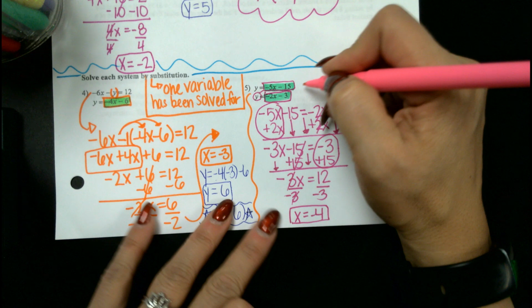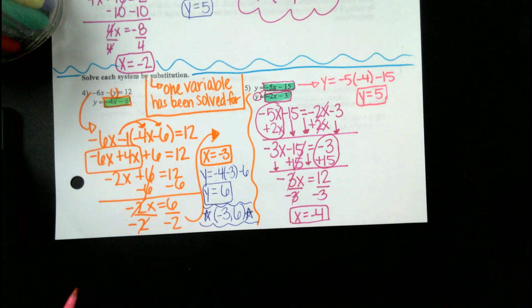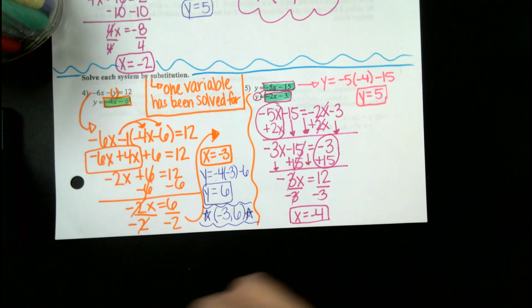So 5 times negative 4 minus 15. Your ordered pair is negative 4 comma 5.